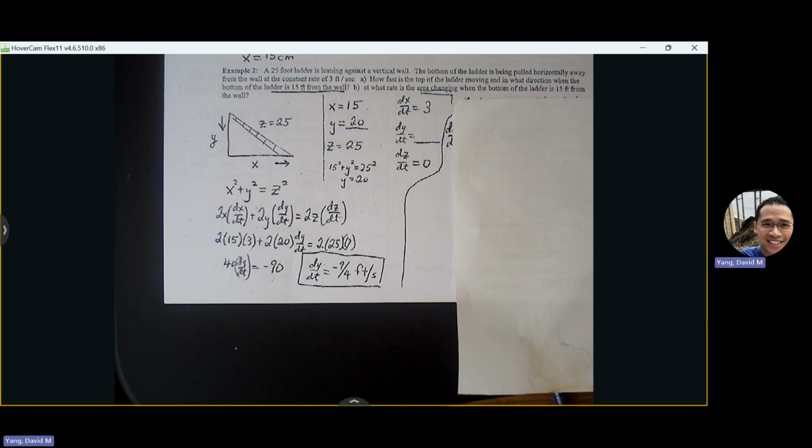I get negative 90 over 40, which is negative 9/4. Now, algebraically, we got a negative number, but it should make sense, right? That negative value tells us that the vertical side of my triangle is decreasing at a rate of negative 9/4 feet per second, because as the ladder is sliding down, it's causing that vertical side to get shorter.